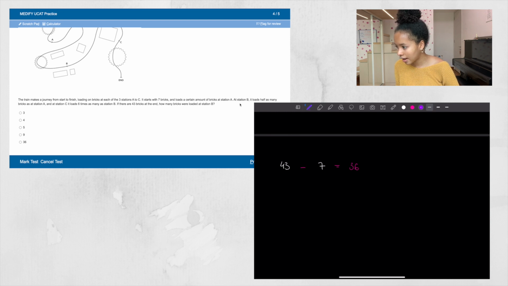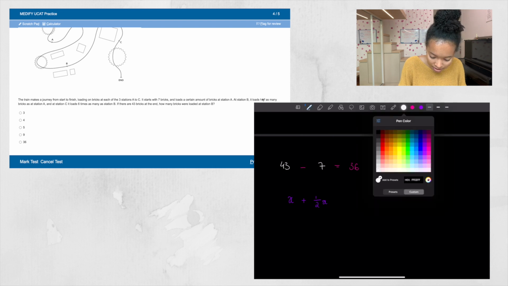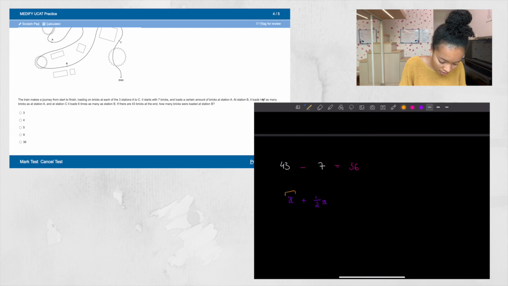So they say that let's note that X is the number of bricks that were added at station A. Then you would have to add, at station B, it loads half as many bricks as at station A. So you would have half of X, and that's at station A, and that's at station B.